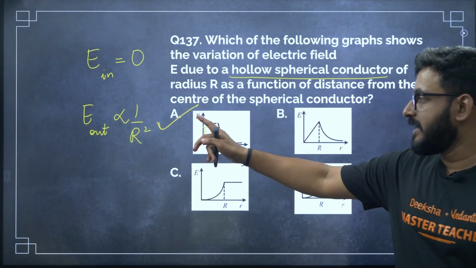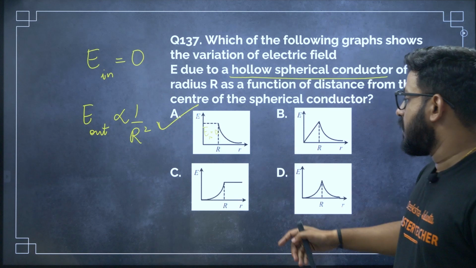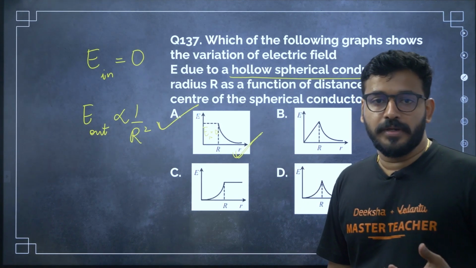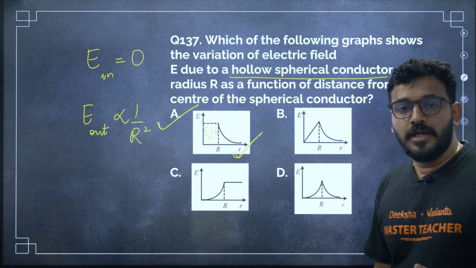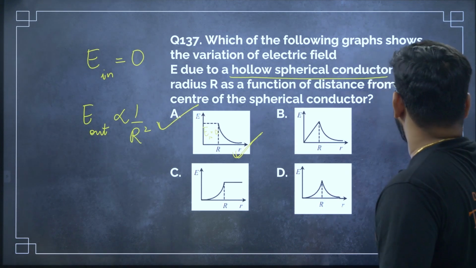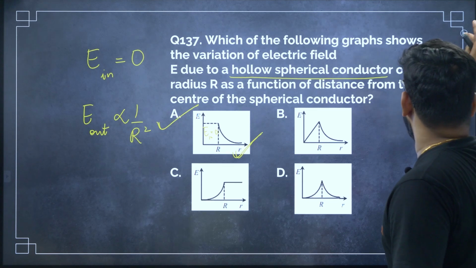Outside it's an inverse square dependence on the distance. So the correct answer is option A. It's a very simple question. If you know the property of a conducting shell or any conductor, it will get you this answer directly. Alright, fine.